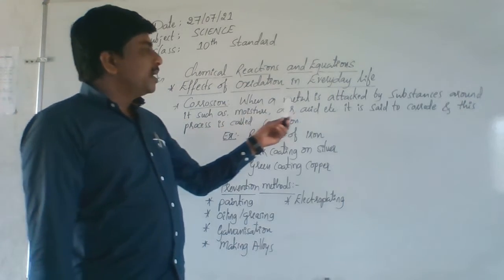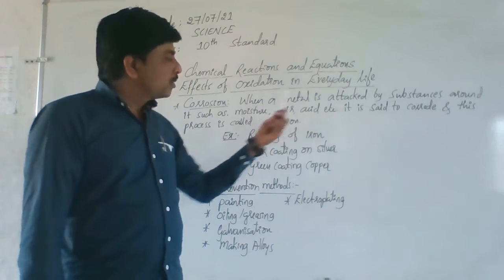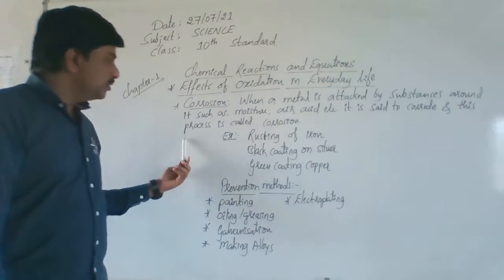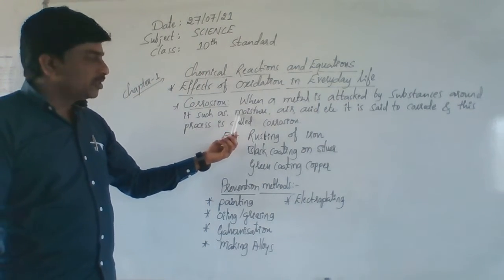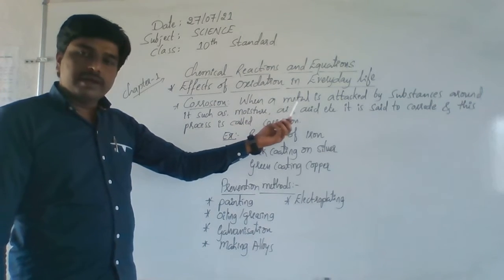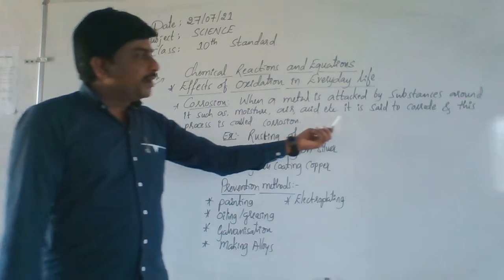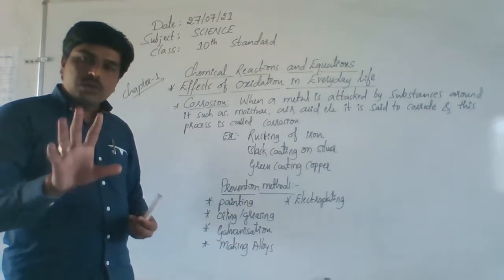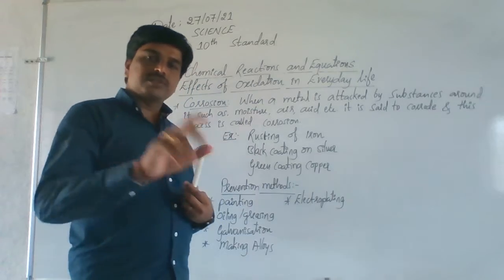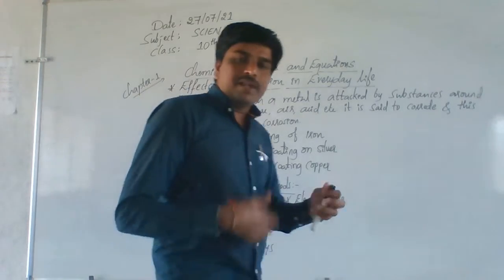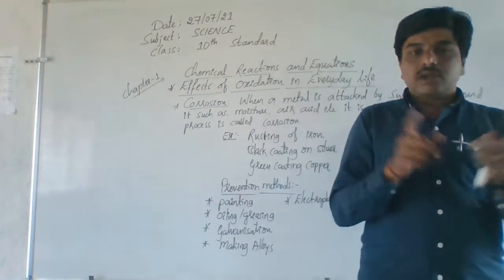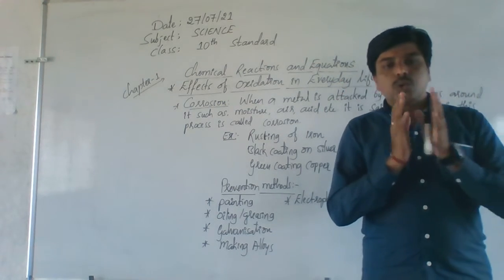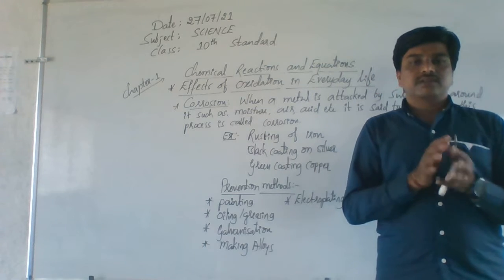See, when a metal is attacked by substances around it, such as moisture, air, acid, etc., it is said to corrode, and this process is called corrosion.